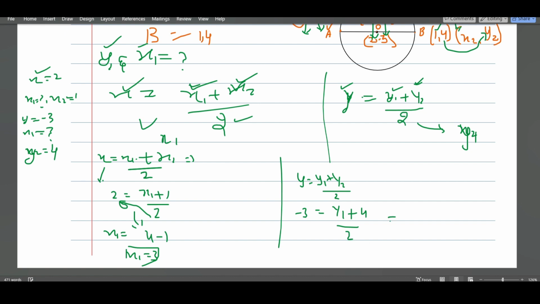From here we have -6 minus 4 is equal to y1, so the value of y1 is -10.